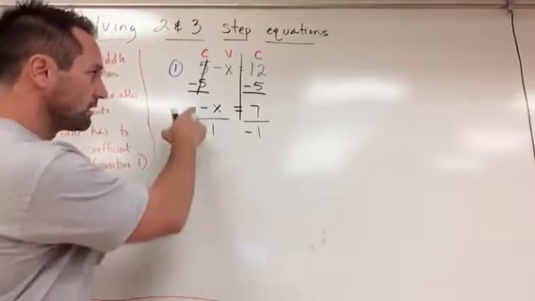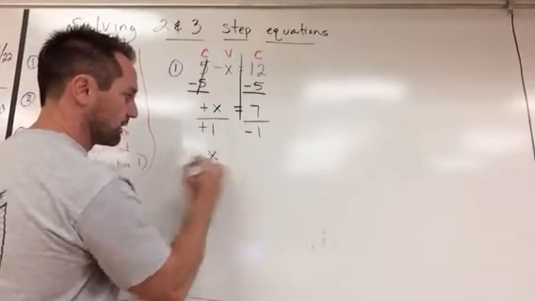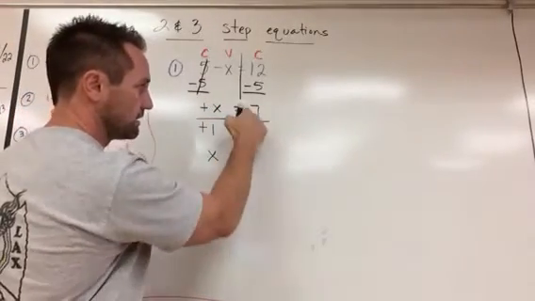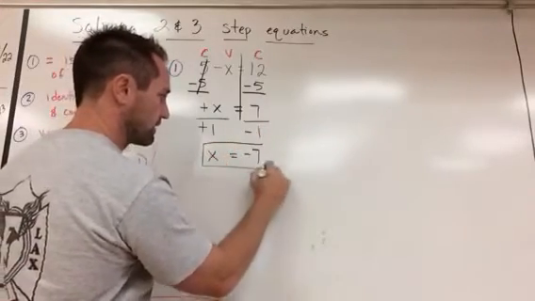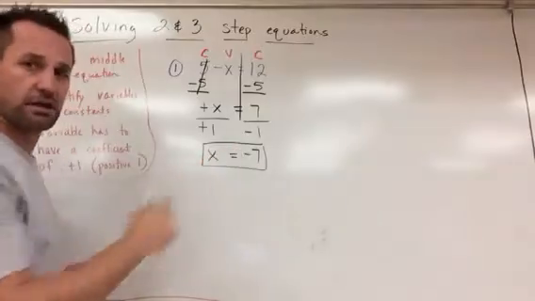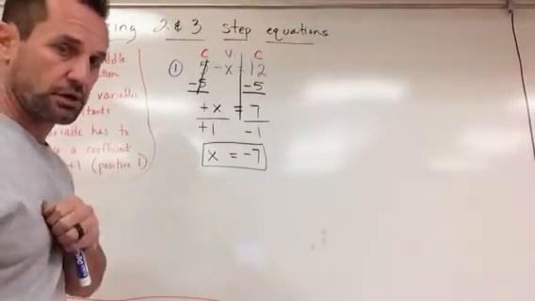Negative x divided by negative 1, the negative signs cancel out and you're left with a positive x. And 7 divided by negative 1 is negative 7. So your answer here is x equals negative 7, and our x has a coefficient of positive 1. So we're good to go.